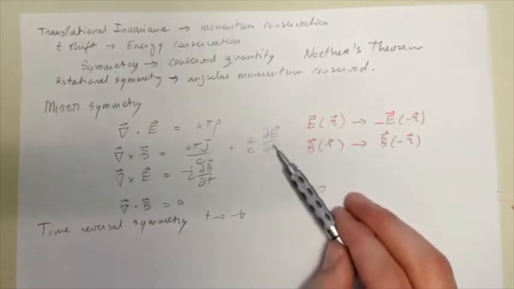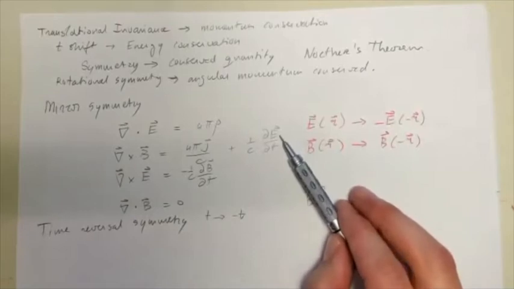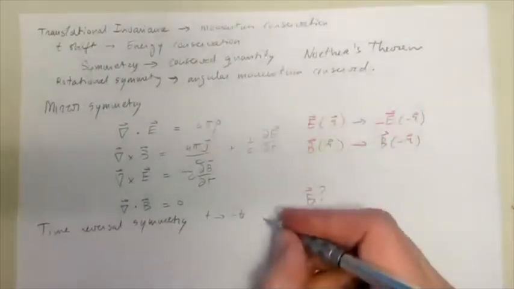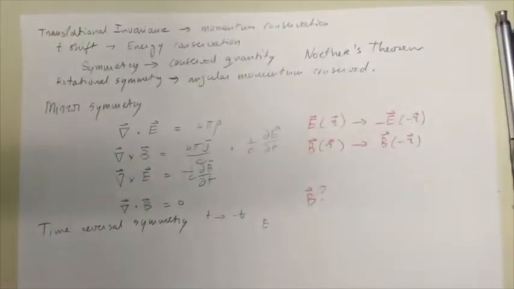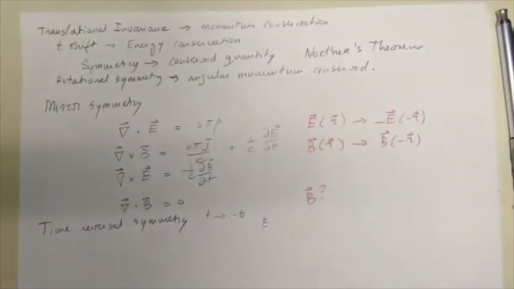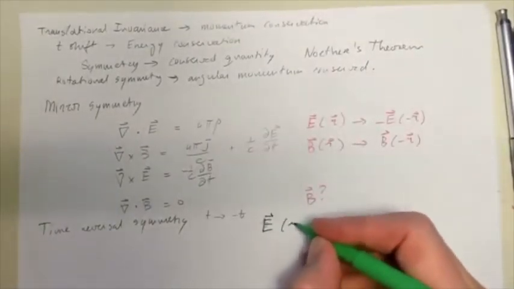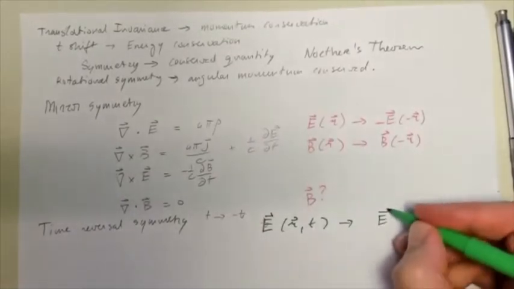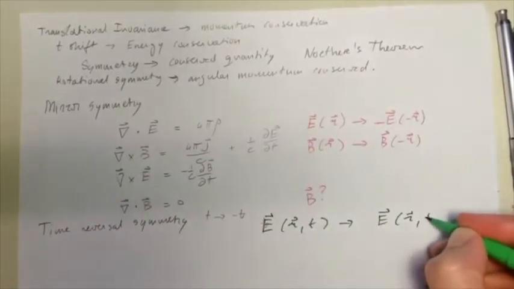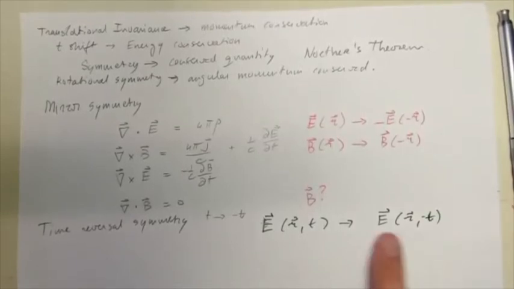Now, we're already reversing the time here, so that's already one minus, which means that E cannot change. So E, where we have r and t, becomes E, where we have r and minus t. So we're not actually changing the sign of E.